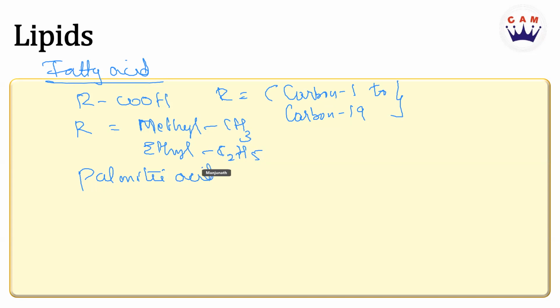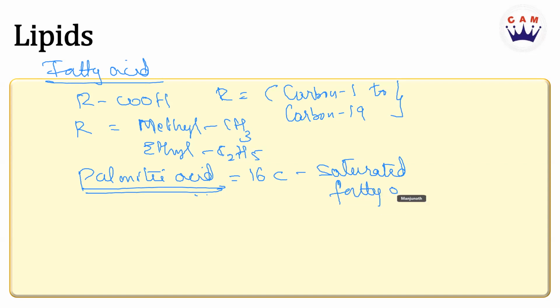So in the diagram of the textbook, they have given one example, students, called palmitic acid. The palmitic acid is a 16 carbon saturated fatty acid. What do you mean by saturated fatty acid? Only with a single bond. So how do you diagrammatically represent it?